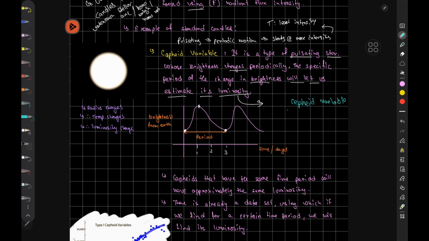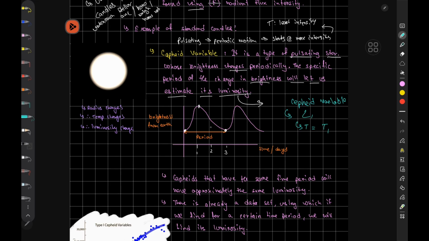And it has luminosity L1, and as long as we know it has luminosity L1 and time period, let's say T1, we observe this unknown star and the period of its pulse.